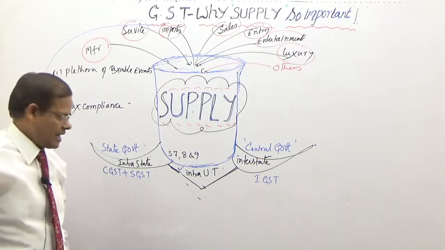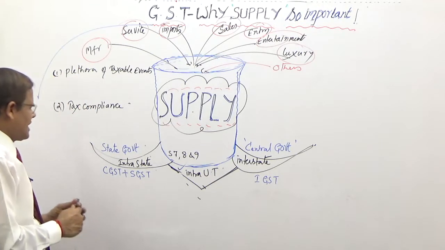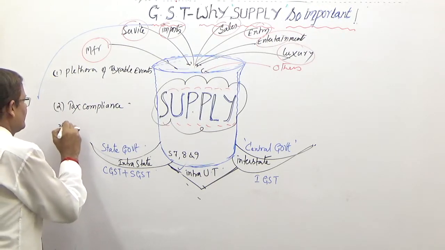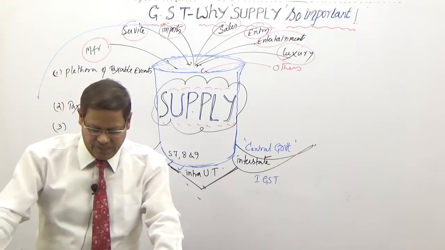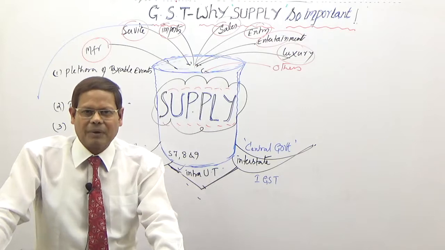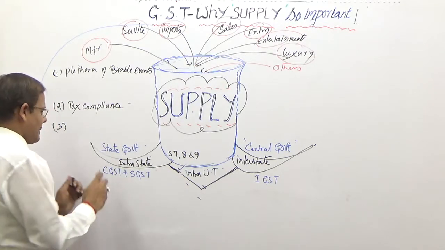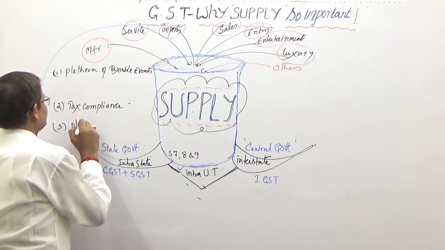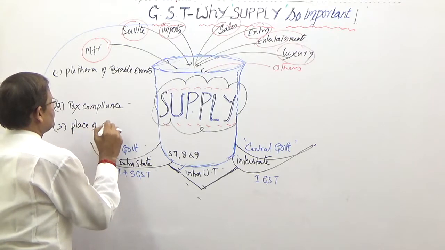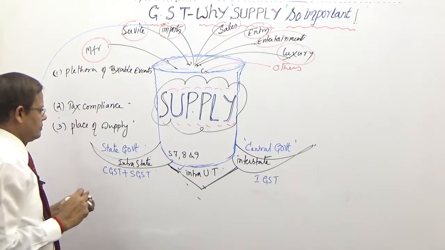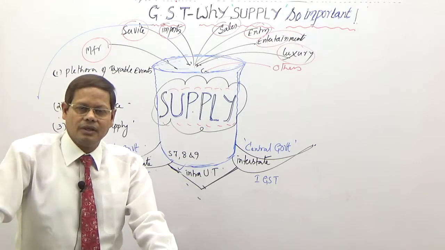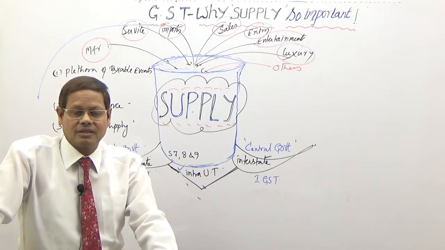And similarly, if you look at the other case, the next step is tax. So, place of supply. Supply of goods, supply of services.